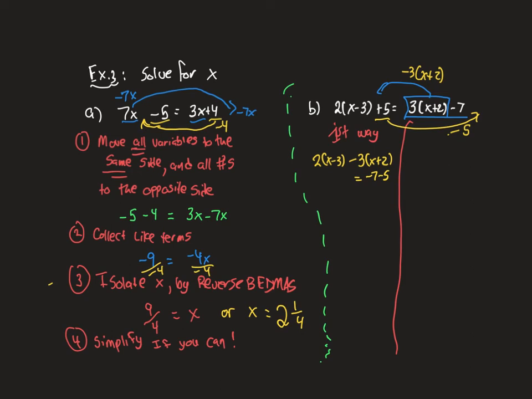Now, notice how I said in my second step to collect like terms, but in this case here, I can't collect my like terms yet because they're inside brackets. So that causes me to modify here my steps to add an additional step after simplifying.